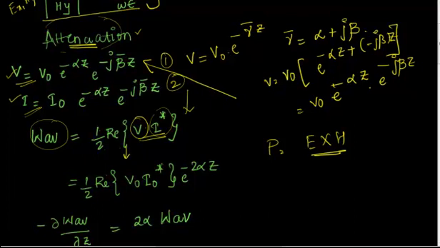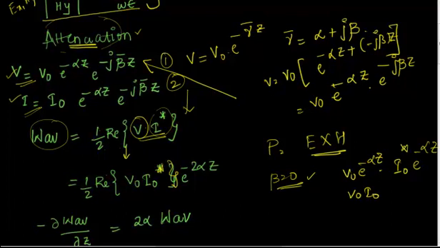Half the real part of V naught I naught star into, because beta is 0 here, we are not propagating, V naught e power minus alpha z into I naught e power minus alpha z. So V naught I naught e power minus 2 alpha z. You are just adding both terms.